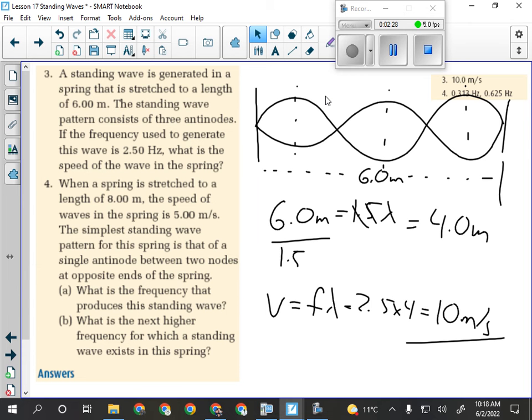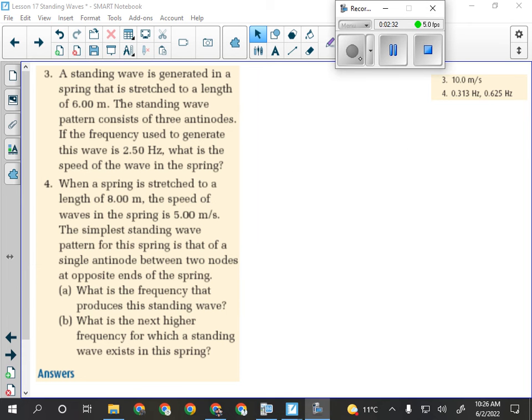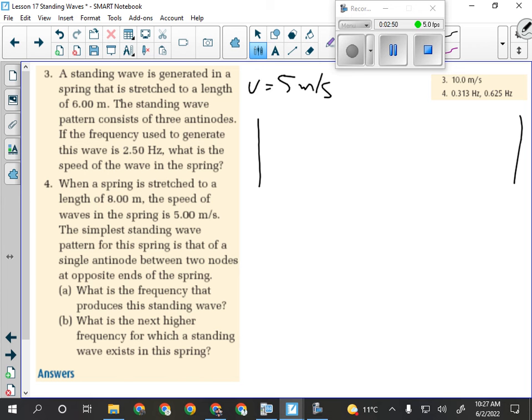Get my air column ready. So on number 4, we have a spring that is stretched to a length of 8 meters. So we know that the distance from here to here is 8 meters. The speed of the waves in the spring is 5 meters per second.